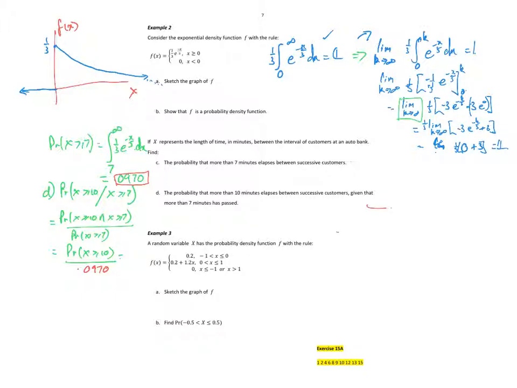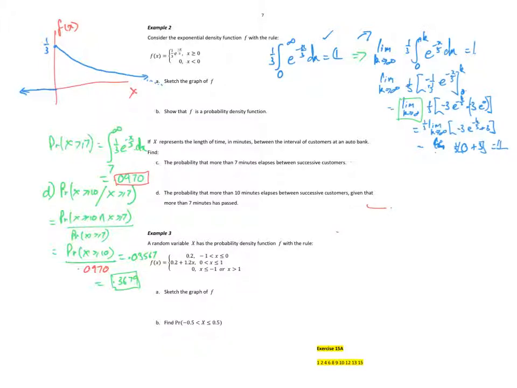So the top line is equal to 0.03567. So my final answer is 0.3679. So the probability of having to wait more than 10 minutes, given you've already waited 7, is 0.3679.